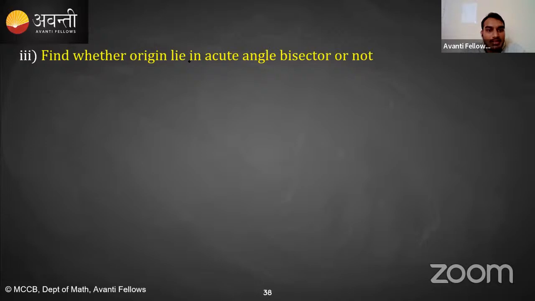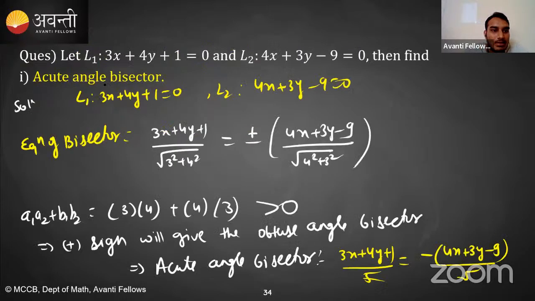So the next part. Find whether origin lying in the acute angle bisector or not. Okay. So from the first part, student, it was clear. First part ने क्या बोला था? Acute angle bisector was coming on taking the negative sign, right?